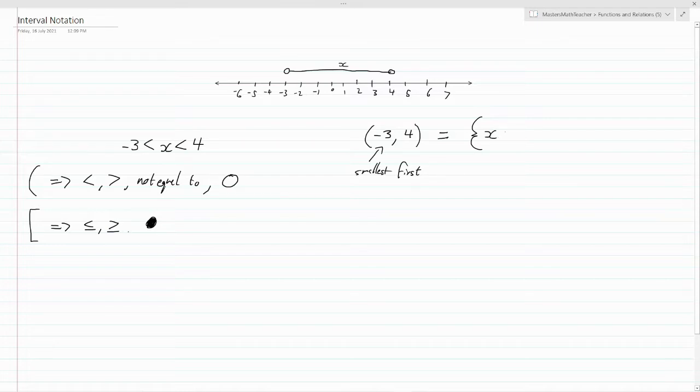X such that, that's what this symbol means, such that, -3 < x < 4. So that is the same thing, okay? So this is where we're trying to link set notation to interval notation. And that's why I prefer interval notation, because I find it looks a bit easier and it's a lot easier to write. But it's really important that you understand how to read both.